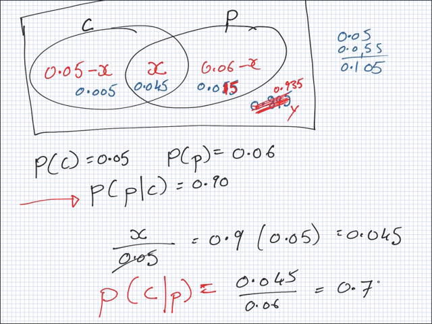Isn't it 0.015? Oh yeah, because we changed the number. No, but it's x, it's both, right? Oh yeah, that's right. 0.045, cystic fibrosis and pneumonia, over pneumonia, 0.06, and that's, you said, 75%. Okay.